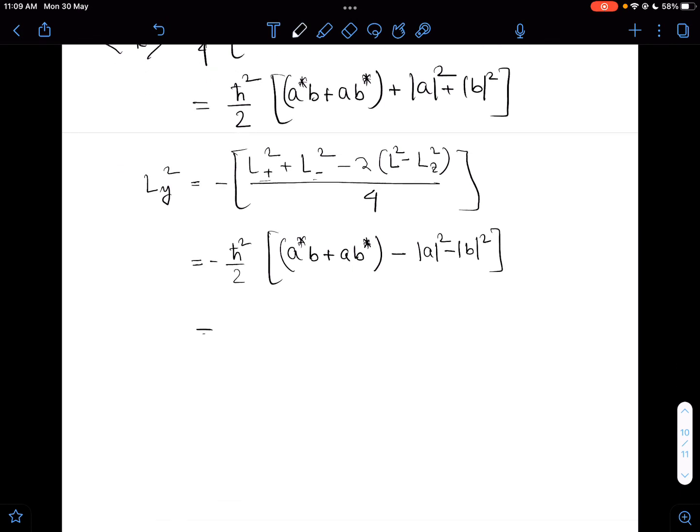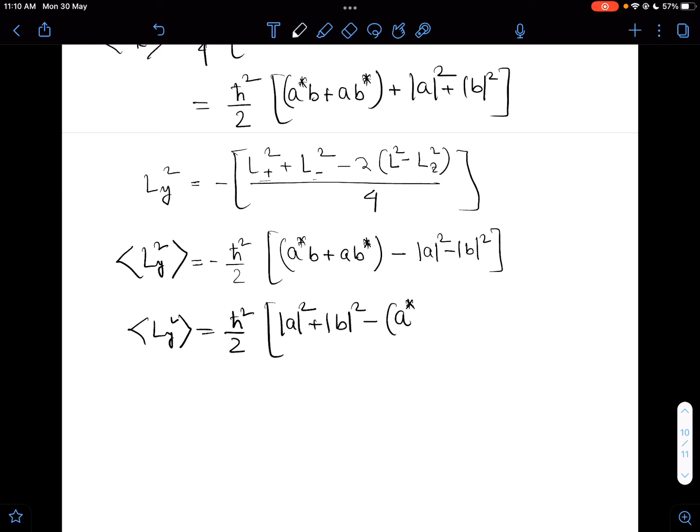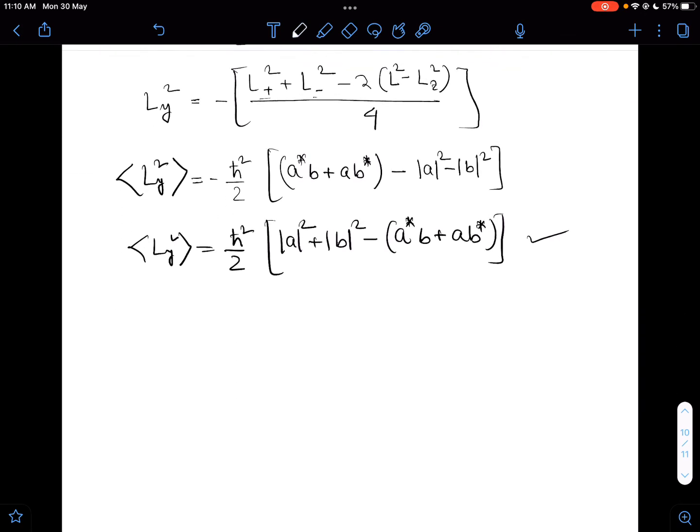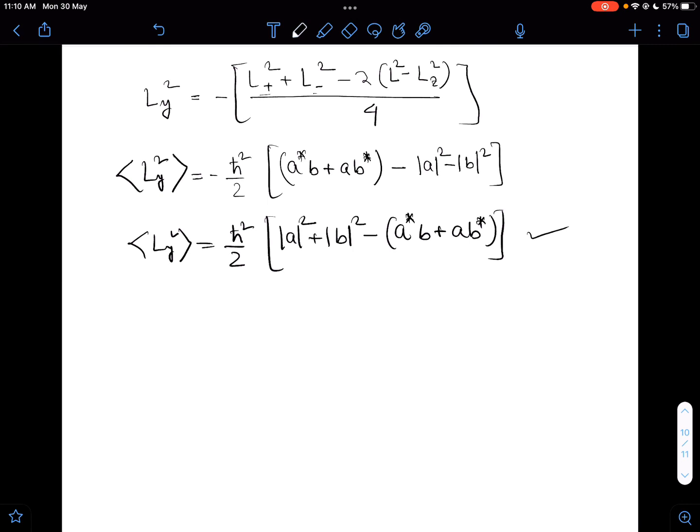If we simplify this, we have the Ly² expectation value to be ħ²/2 times (|A|² + |B|² minus A*B plus AB*). So this is our Ly² expectation value. This is the Lx² expectation value, and the LxLy expectation value is 0.